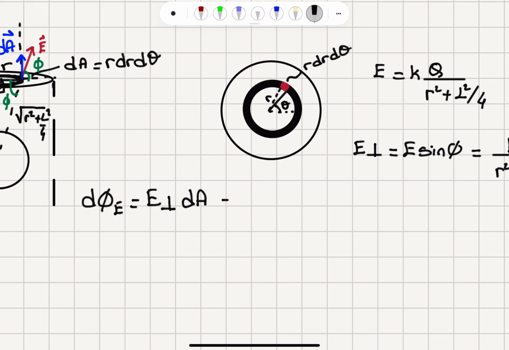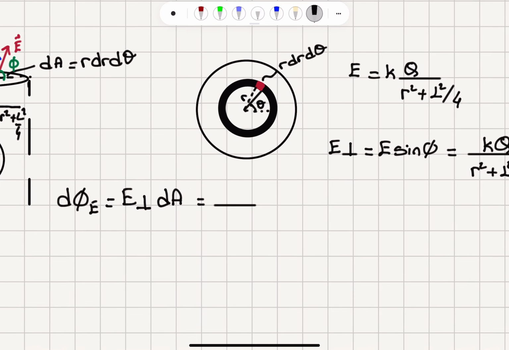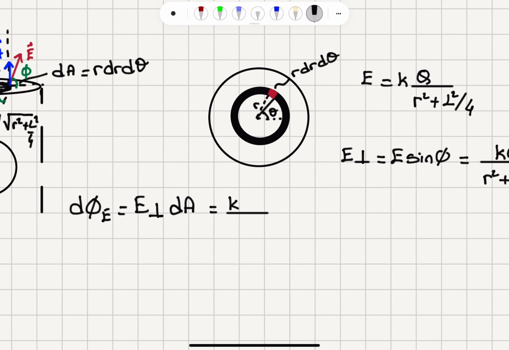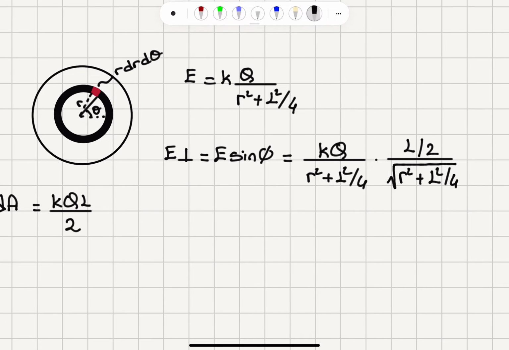So if we substitute for the magnitude of the electric field, kq capital L divided by 2, that is this part.